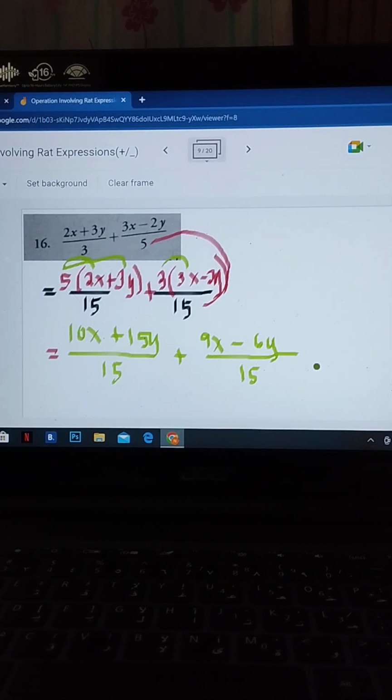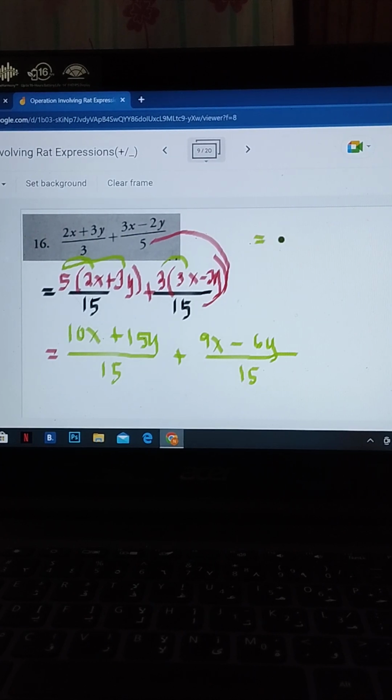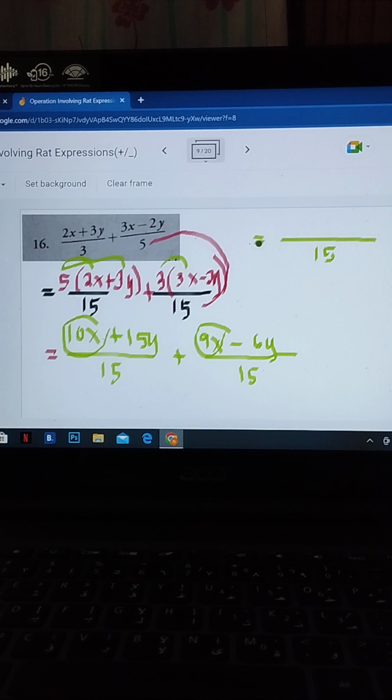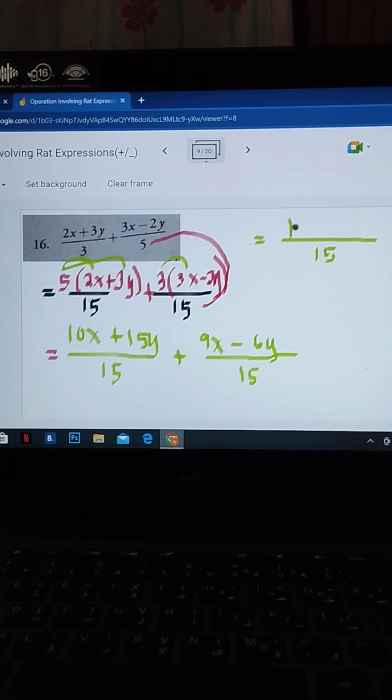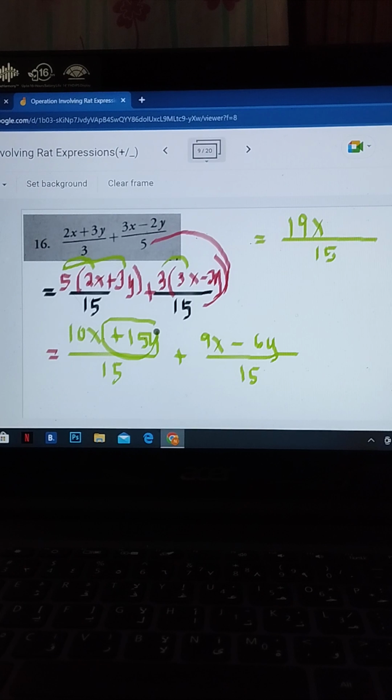Okay, so you can now add. Copy the same denominator 15. Now 10x plus 9x is equal to 19x. Then 15y minus 6y is equal to 9y.